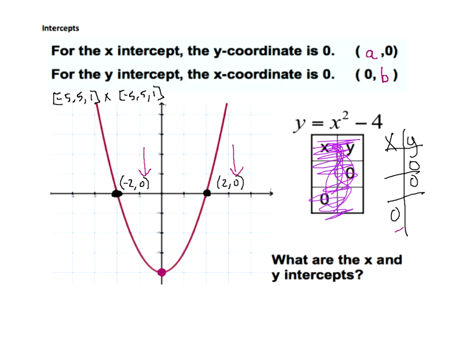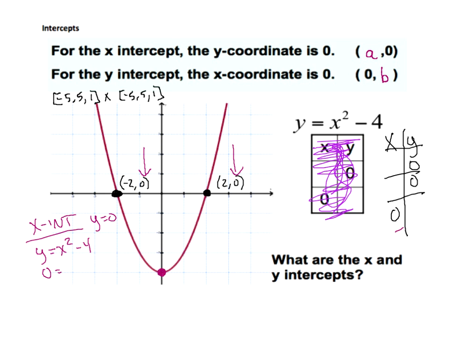So if I go and fill this chart out, if I want to find an x-intercept, and this is how you do it no matter what your function is, you plug in 0 for y. In this case, I have y equals x squared minus 4.